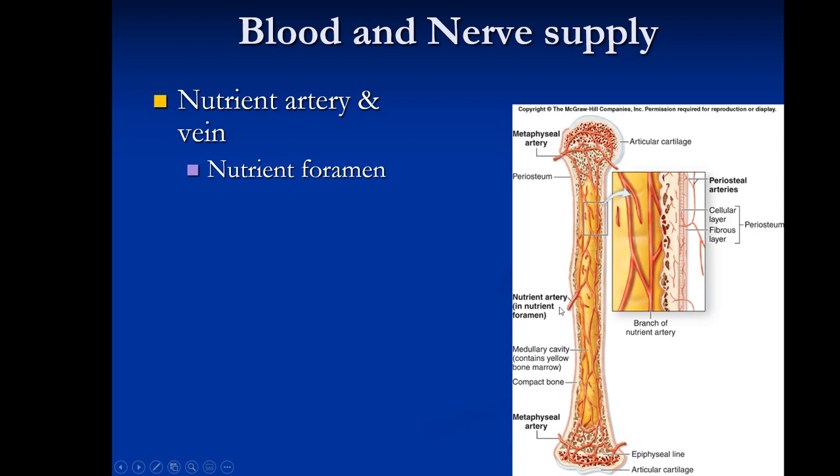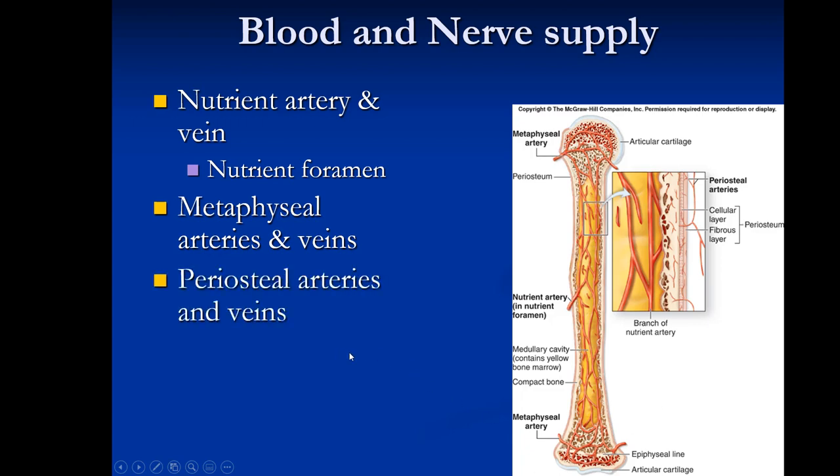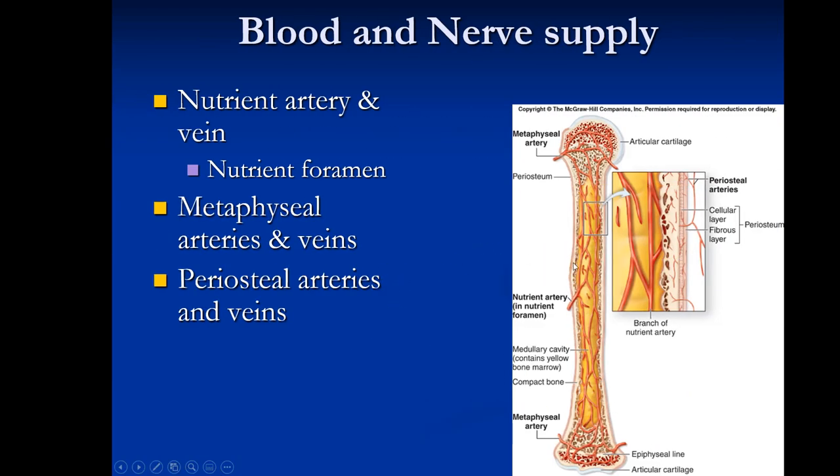So foramen is an opening. You'll see that a lot. We also have metaphyseal arteries and veins. They go in the metaphysis area. And then we also get blood vessels within the periosteum. We call those periosteal arteries and veins. And like I said, it's not really shown here, but we do have lots of nerves innervating bone tissue. And that's why if you injure a bone, it hurts so much.